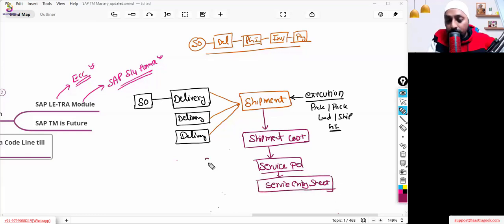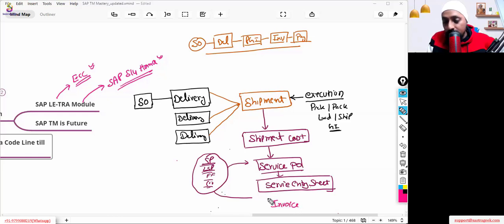Because you have a service provider, which you call an LSP, freight forwarder, or carrier, from whom you are taking the service, right? For that, you should have a contract. So a service PO would be created and a service entry sheet would be created. And this would be punching an invoice, which will be validated against the service entry sheet and the service PO, and you will release payment to your service provider.